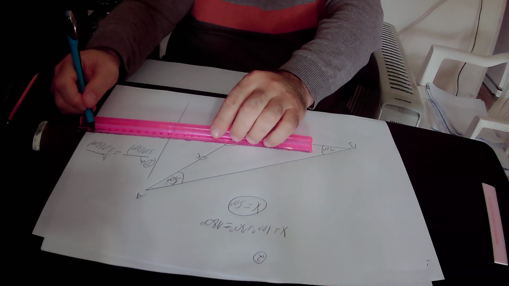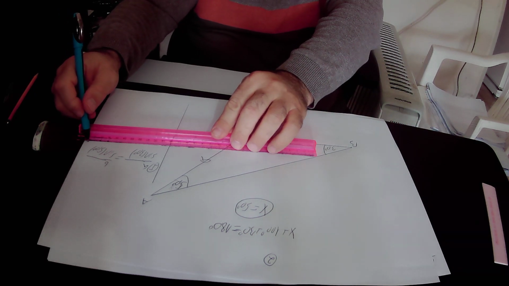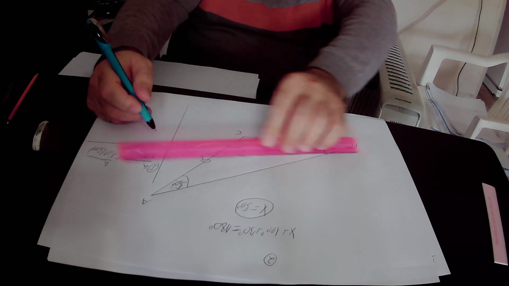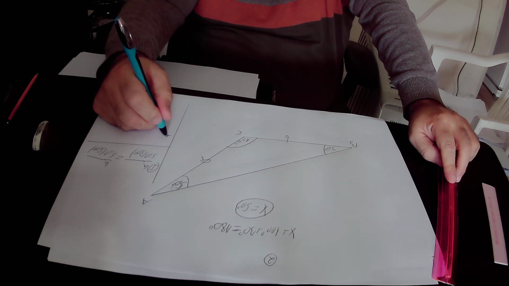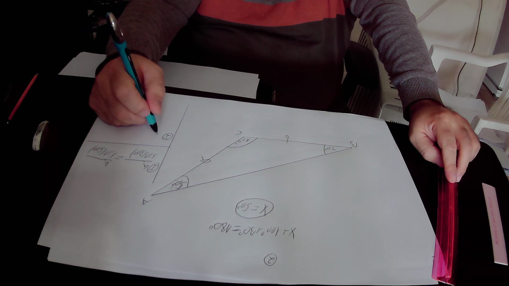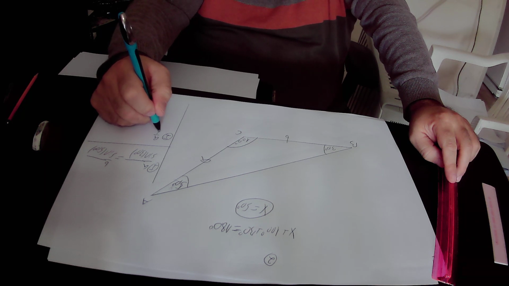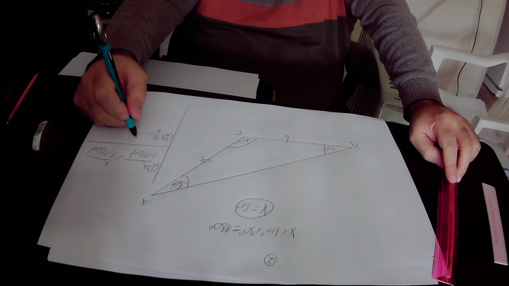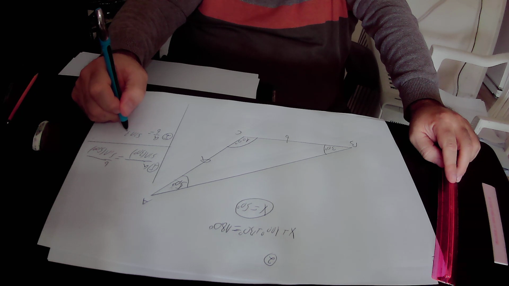So here we will divide equation number 1 by B and then multiply it by sine 30 degrees, and we will get that A over B equals sine 30 degrees over sine 50 degrees.